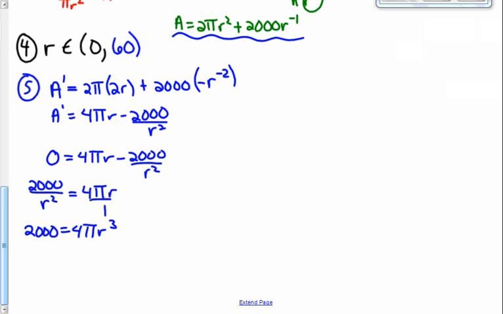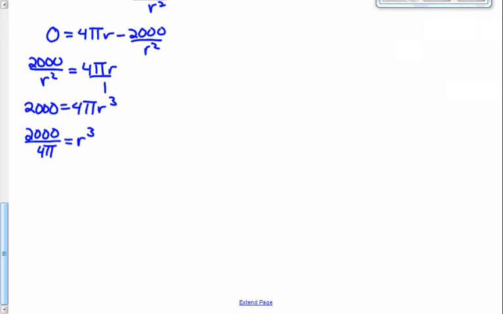And then I want to get r by itself, so I divide by 4 pi. And then I'm going to take the cube root of this. And of course I could simplify this into 1,000 over 2 pi. It's messy enough, it doesn't really matter. So that's what my radius would be in centimeters.